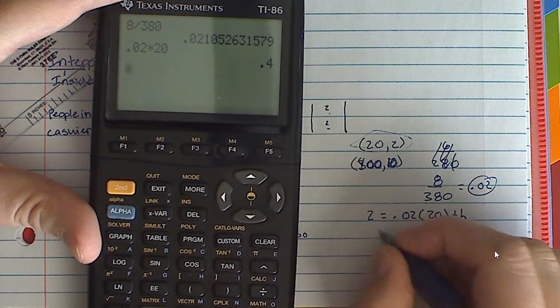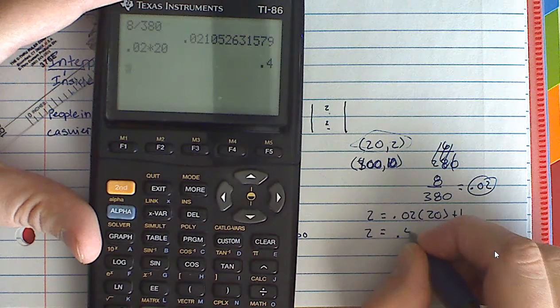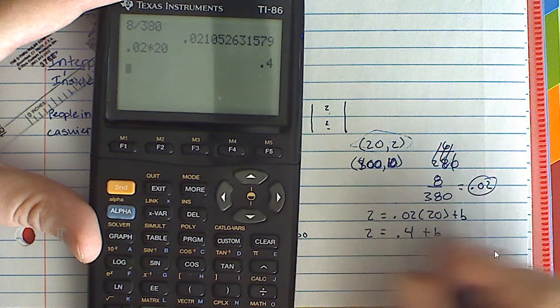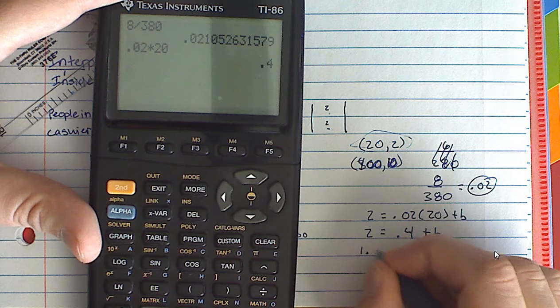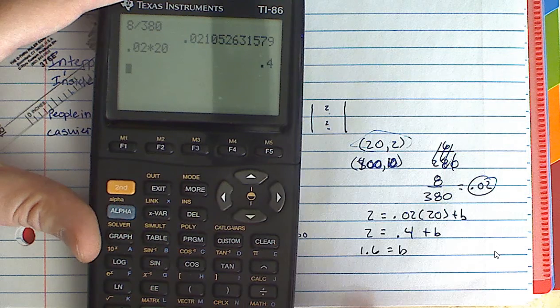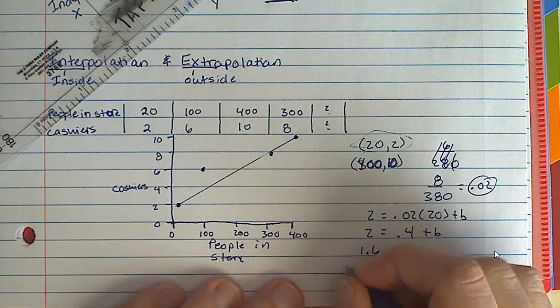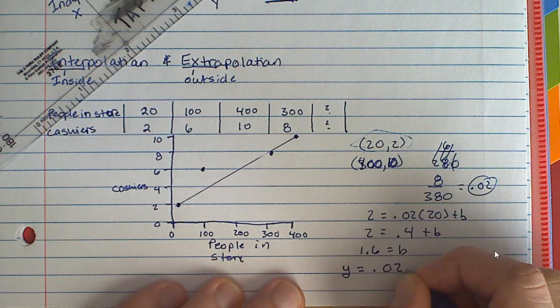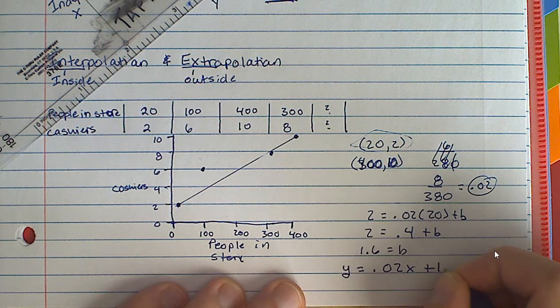So 2 equals 0.4 plus b. And then I have to subtract 0.4 from both sides. So 1.6 equals b. So my equation of my line is y equals 0.02x plus 1.6.